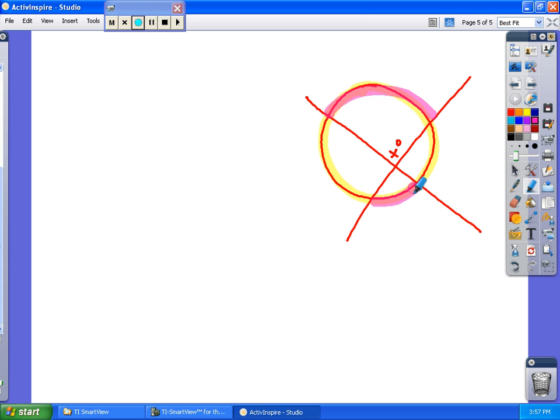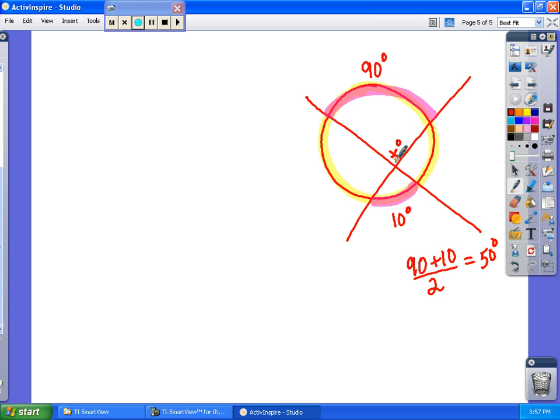So, for example, if this right here was 90 degrees, the arc, and this over here was 10 degrees, then x would be 90 plus 10 divided by 2, or x would be 50 degrees.